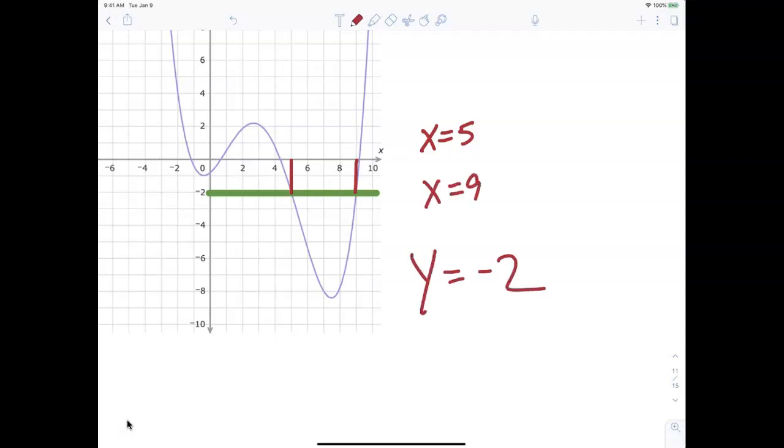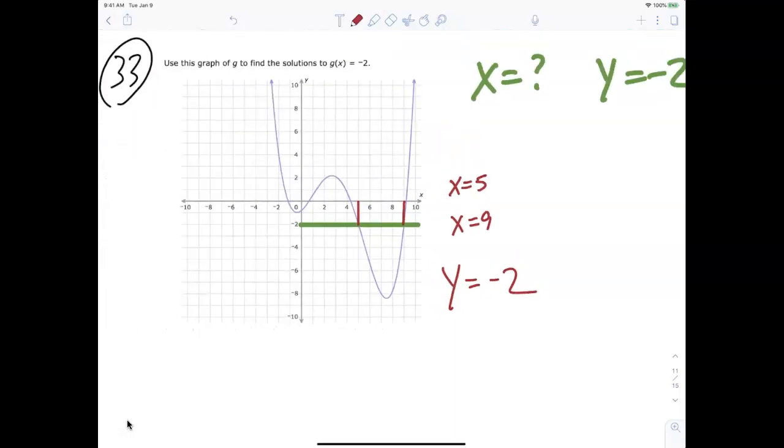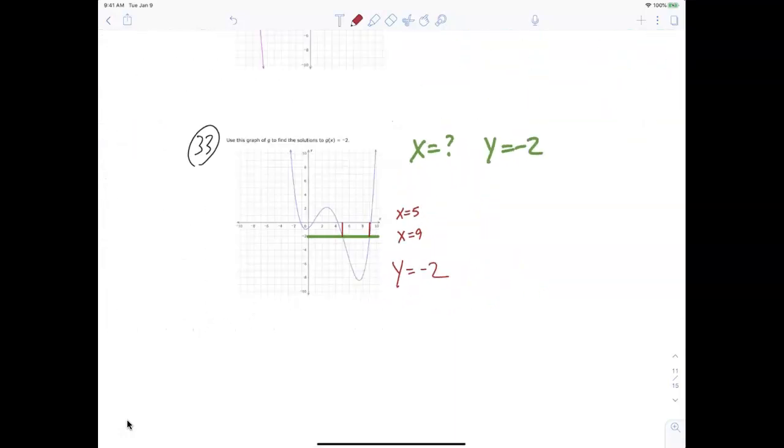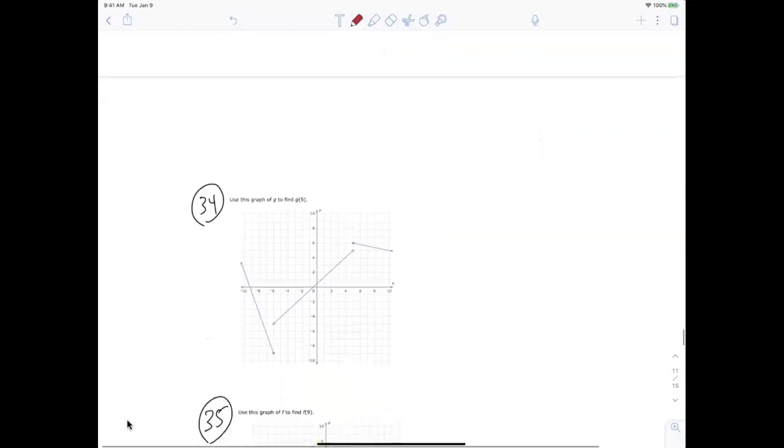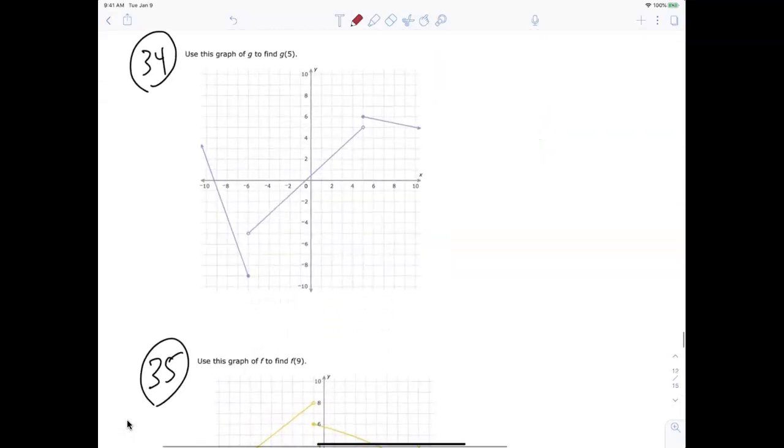You can have multiple answers for this. You just can't have multiple y values for the same x, but you can have multiple x values for the same y. You might listen to that again too. Over here, it's just g of 5.